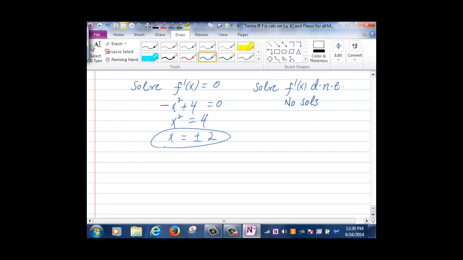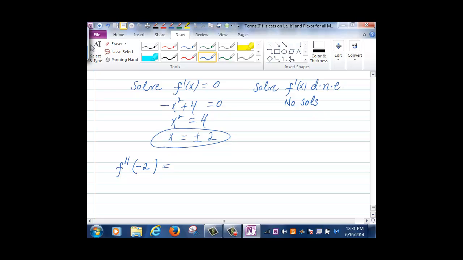And so then I have to classify them, right? I want to classify them by using the second derivative. That is, I want to know whether at -2 and 2 I have a local max or a local min. Okay, is that clear? So the critical points are these two. So in order to determine at -2 whether I have a local max or a local min by using the second derivative, what do I have to compute? I have to compute the second derivative at -2.